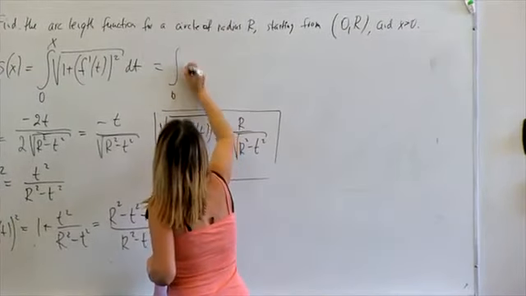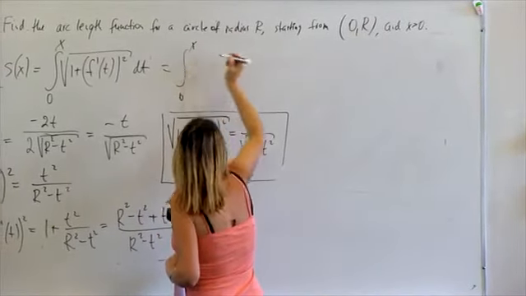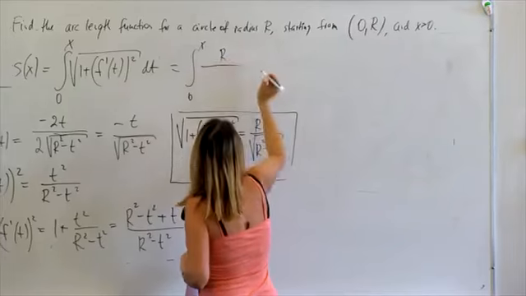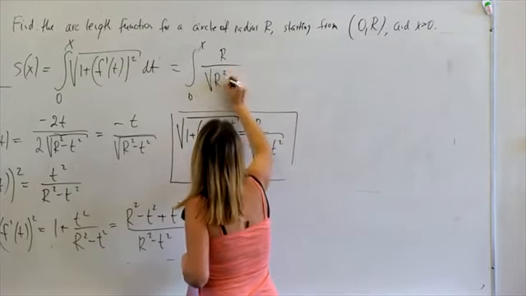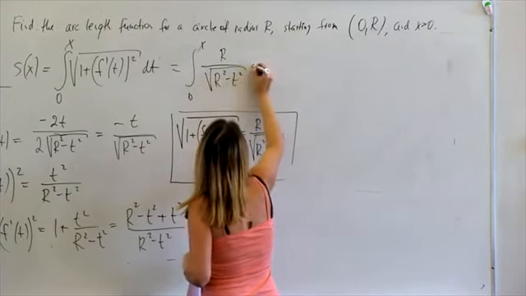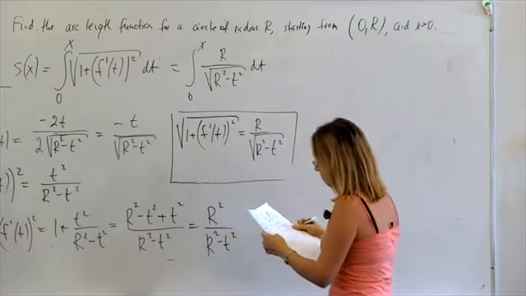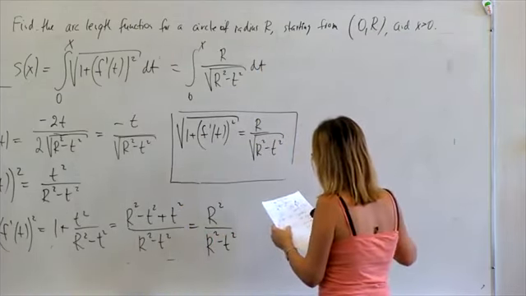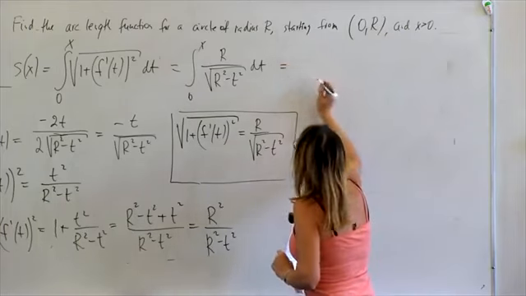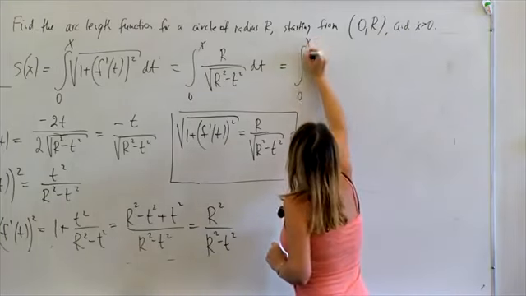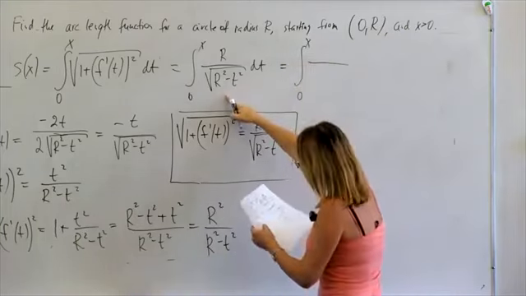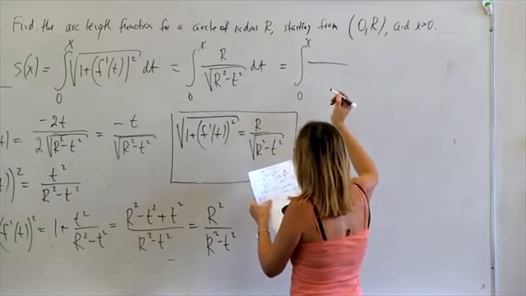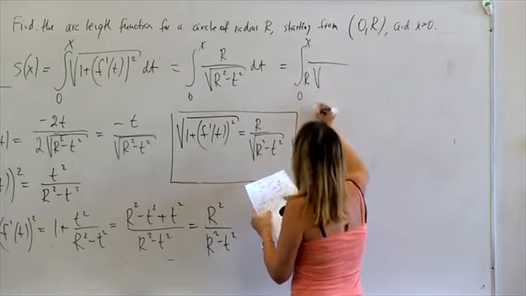So an integral from 0 to x, r divided by the square root of r squared minus t squared dt. Okay. So I'm going to take r squared from outside, put it outside the square root.